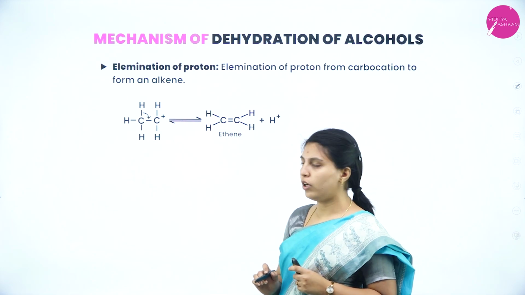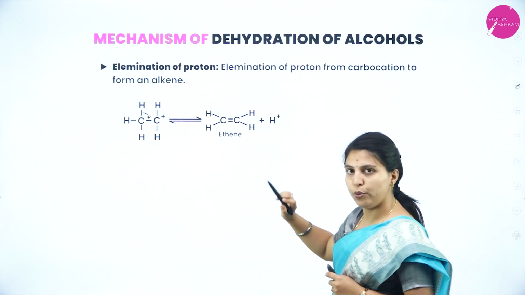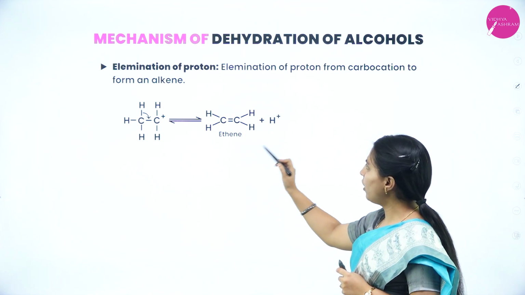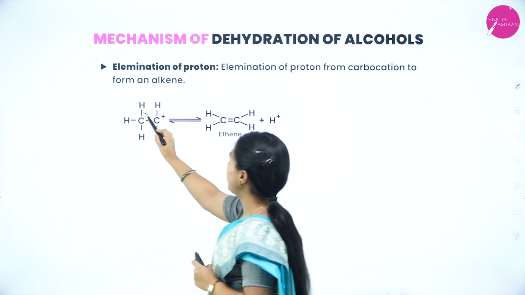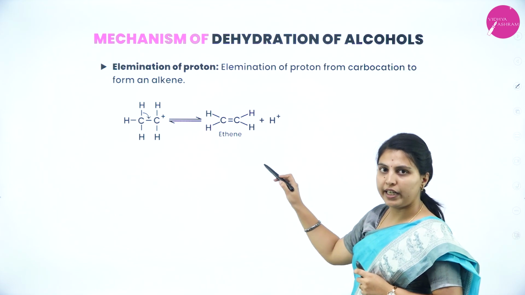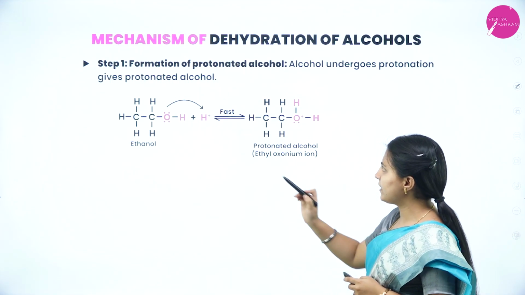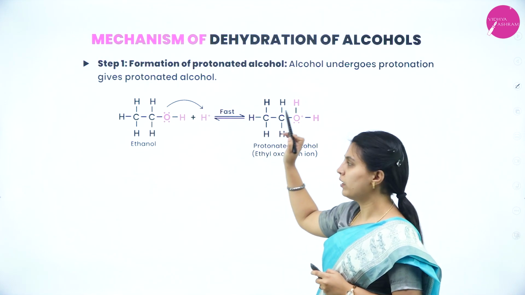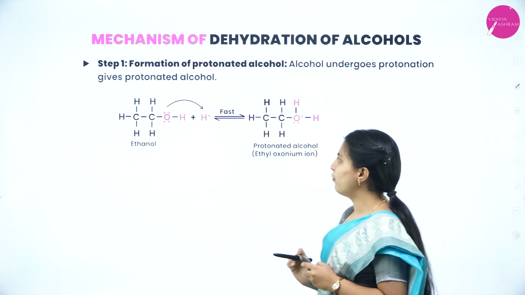Step 3. Elimination of proton. Whatever carbocation has been formed in step 2, from that elimination of proton can be seen. When proton has been removed, here double bond will form and ethene will be created. Once again, in step 1, formation of protonated alcohol, this proton will be added to this alcohol.